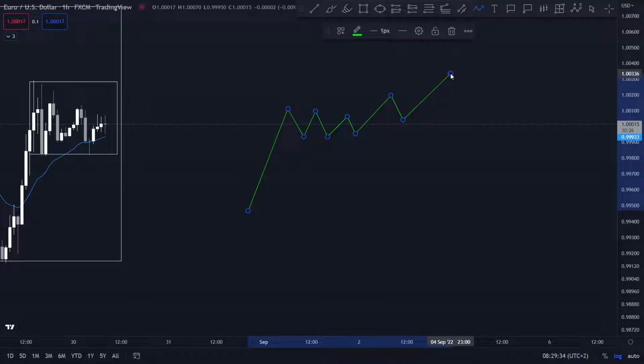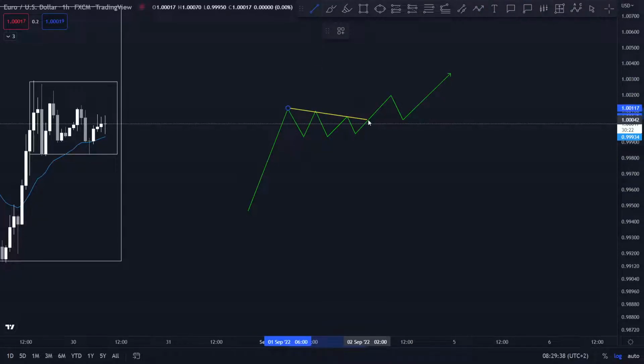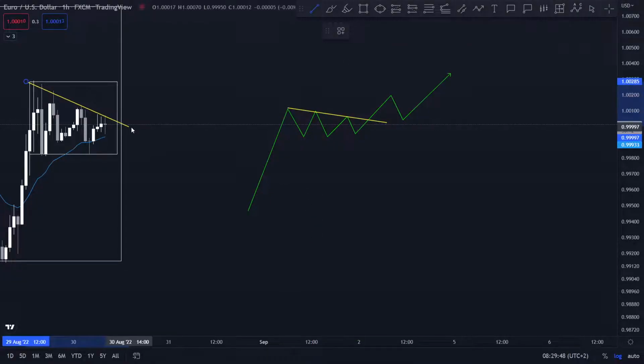What do you expect finally happening? A breakout. Which means ultimately, just because it's a bull flag, I expect a breakout of this trend line here. This one here. I expect a breakout of it.